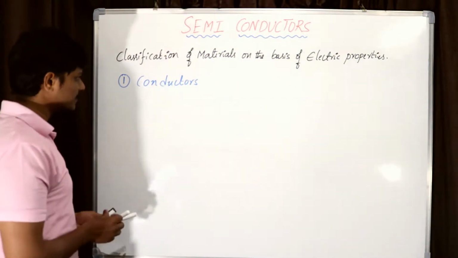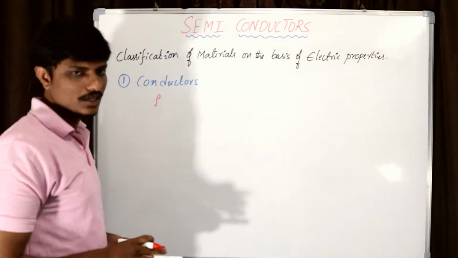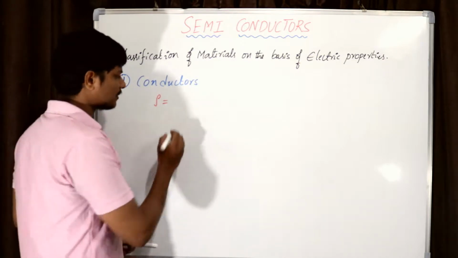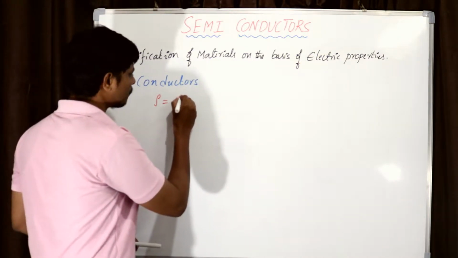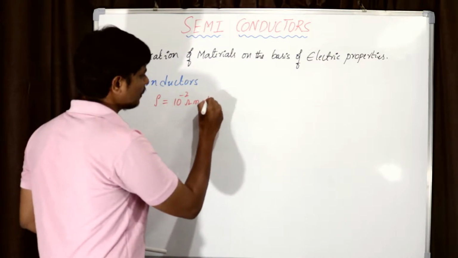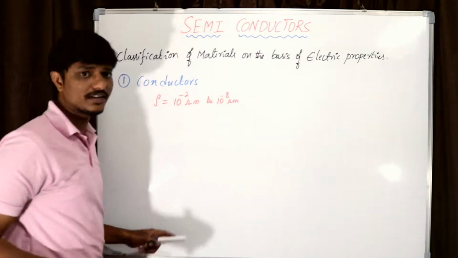The first factor is the resistivity offered by the materials. For conductors, the resistivity is 10 power minus 2 ohm meter to 10 power minus 8 ohm meter, which is really less.